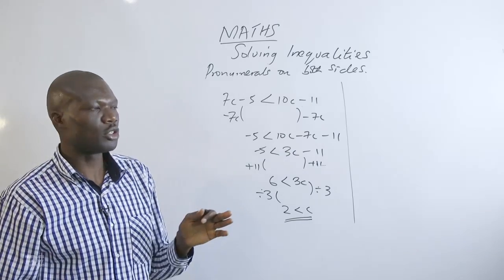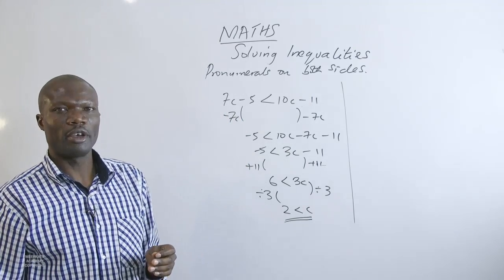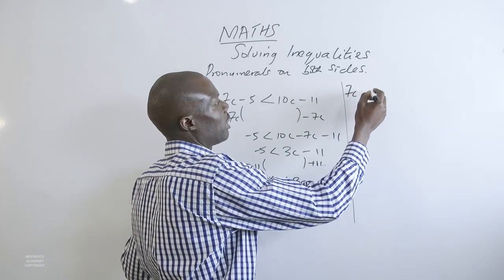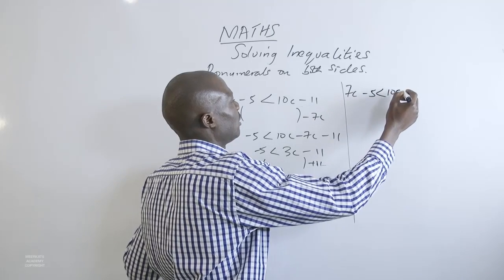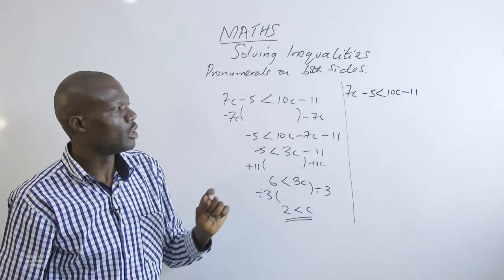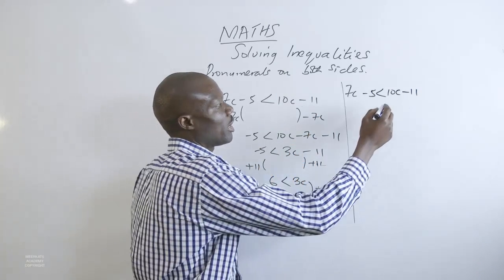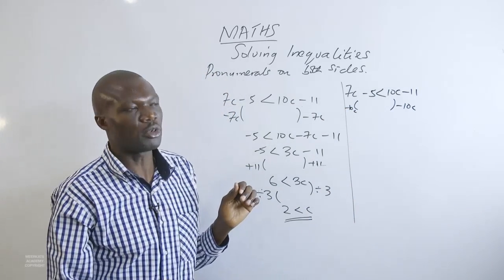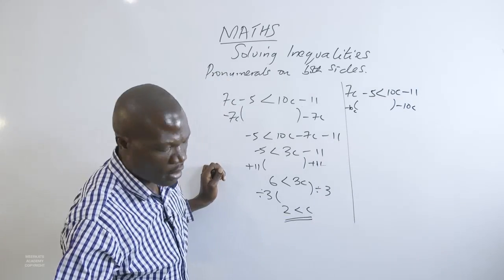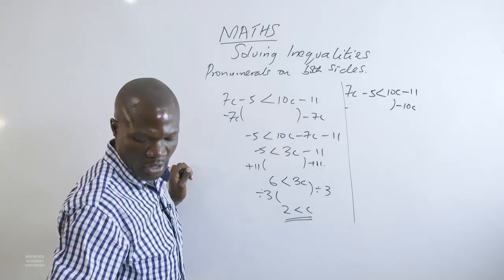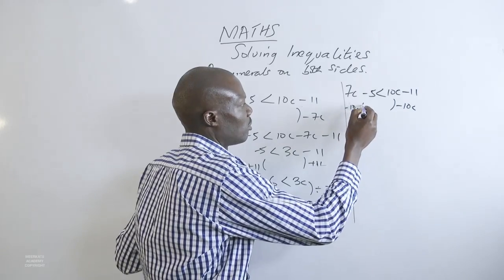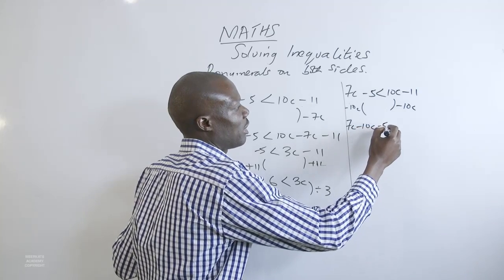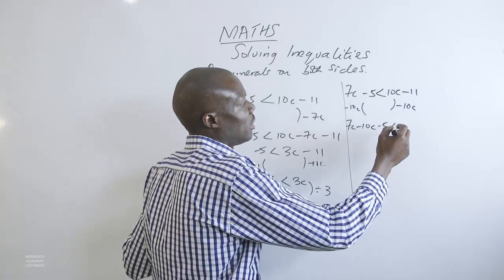If one chose to go by simply removing the 10, we would have 7c minus 5 is less than 10c minus 11. So if one chose to use this, we would subtract 10c on this side and subtract 10c on this side. We are subtracting 10c on both sides. We shall have 7c minus 10c minus 5 is less than minus 11.